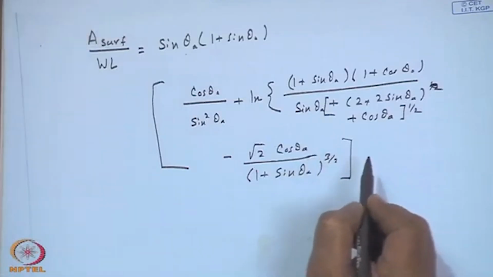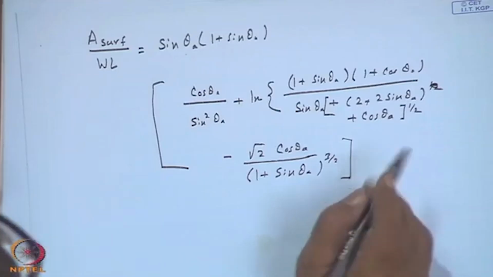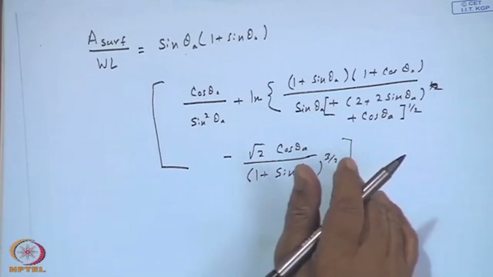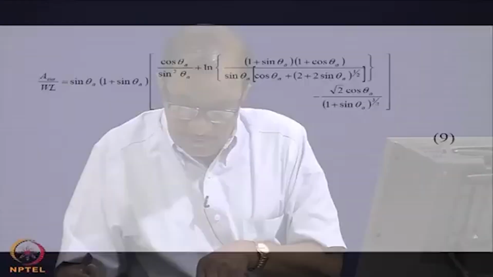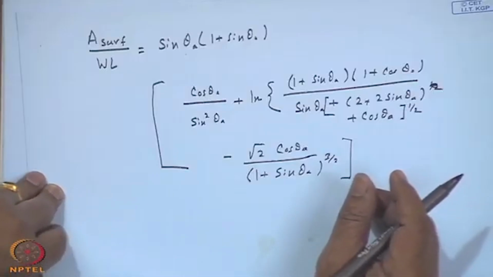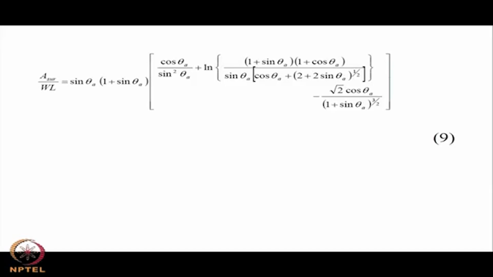Now, I would urge you to take these relations as they are. What should be the surface area to the area ratio in the case of a compound parabolic collector? It is expressed in terms of the geometric factor, the angle of acceptance theta A. You can refer to any book including Duffie and Beckman, by Professor Duffie and Professor Beckman, and if there are any slight differences in the plus minus signs, you can correct it.